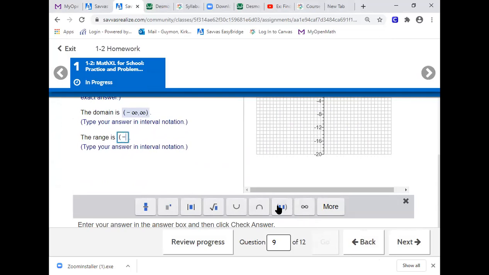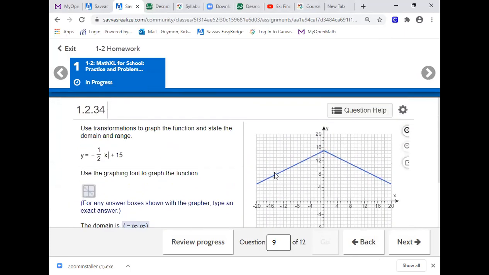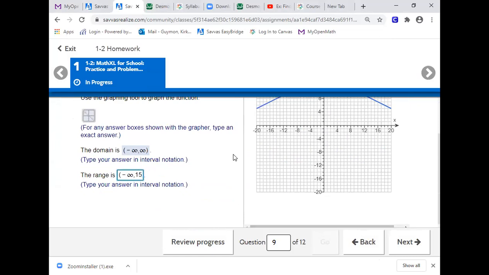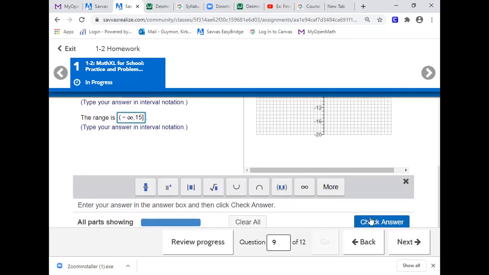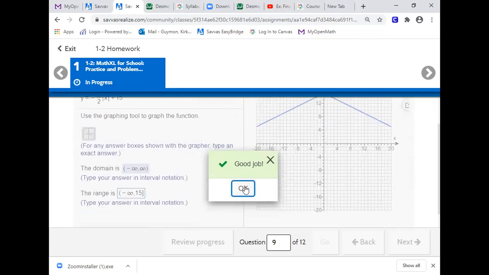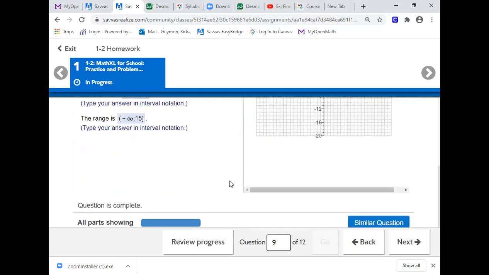So parenthesis, negative, the infinity symbol's down here, comma, it stopped up here at 15, and a square bracket, because it actually hits the 15. So far, so good, I feel like. Good job. And we're done.